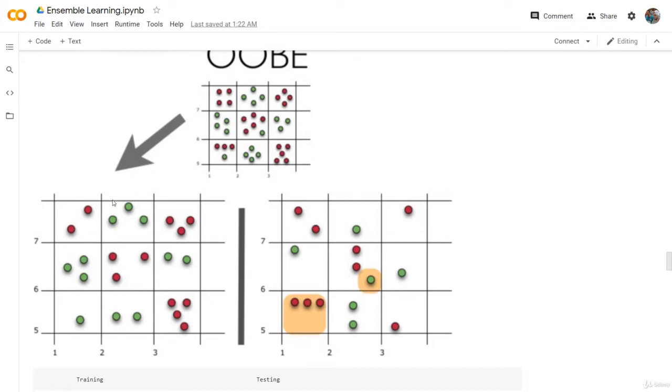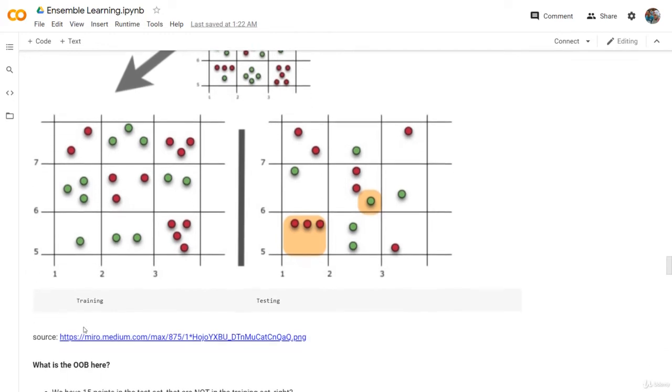For example, here we have 2 examples in the training set, or in the bootstrapped sample, and here we have the rest of the original dataset. We use them for testing. Let's say that each square will be classified the same: this square is red, this square is green, this square is red, and so on. How many misclassified examples do we have here? We have this green, which should be classified as red, and these 3 reds, which should be classified as green.